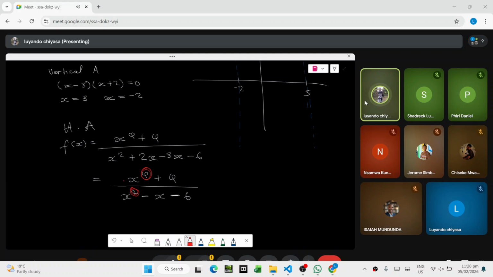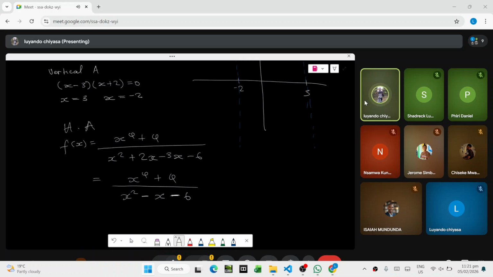So let's say if here we have the 2, and here we have the 3, our asymptote would have been 2 over 3 if the powers were equal.